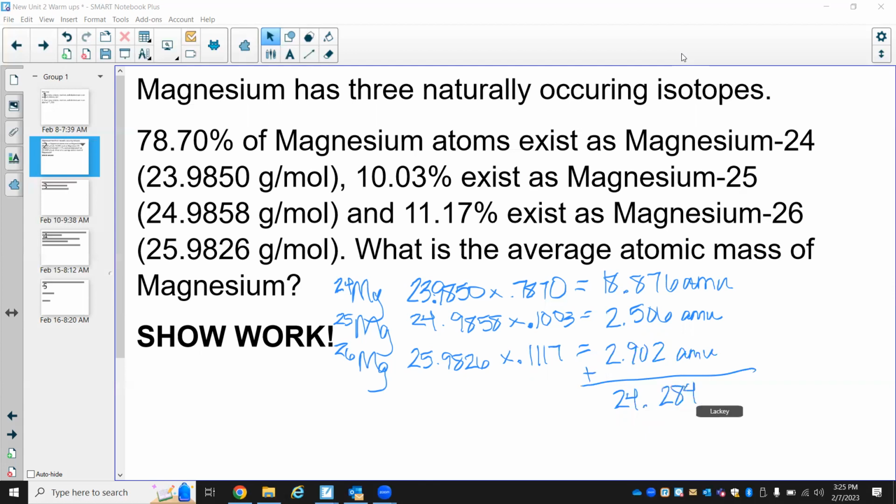And remember, our unit for average atomic mass is AMUs. And remember, you can check yourself. It told us this is magnesium. Magnesium on the periodic table is 24.31. Our answer is relatively close to that. So we are on the right track. But remember, you have to show the work and show the step for this.